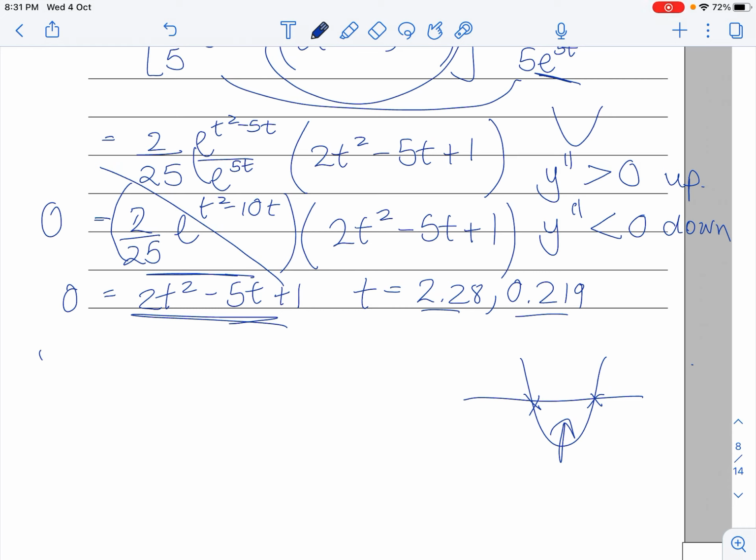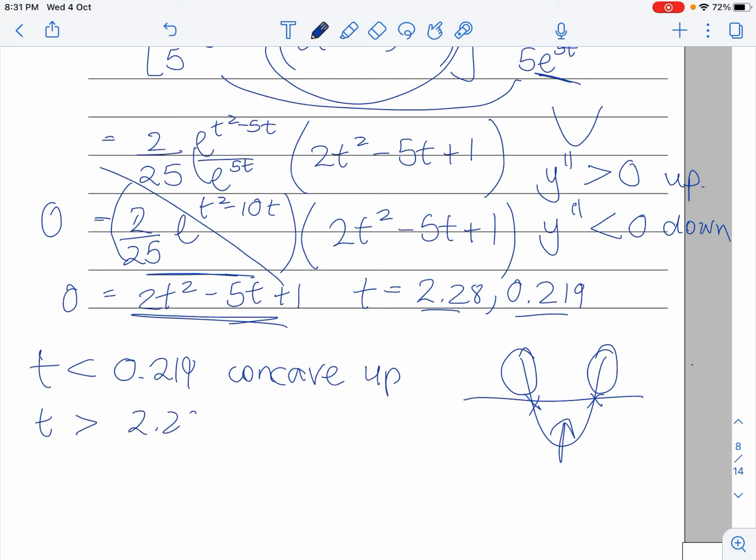So when it's less than 0.219, it's concave up, because that bit there is positive. When it's greater than 0, it's concave up. And also the other place where it's concave up is greater than 2.28.